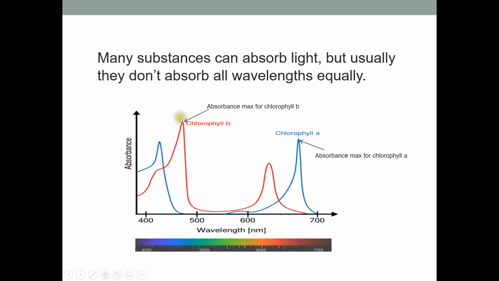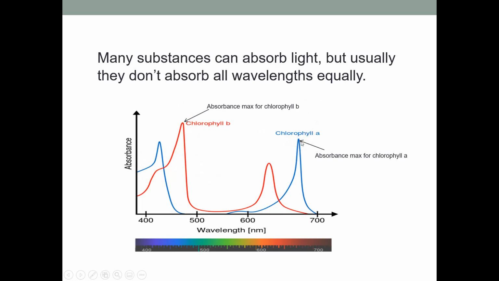Each substance will typically have an absorption maximum, a wavelength that it is particularly good at absorbing. Chlorophyll A absorbs best in the reds, chlorophyll B absorbs best in the blues. That doesn't mean it doesn't absorb any other wavelength, it just means it's really good at those specific wavelengths.